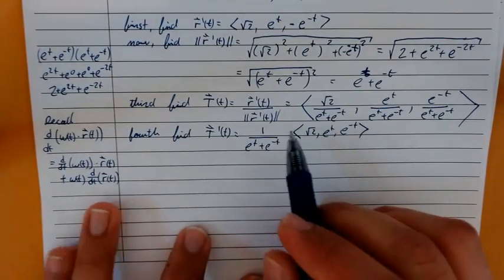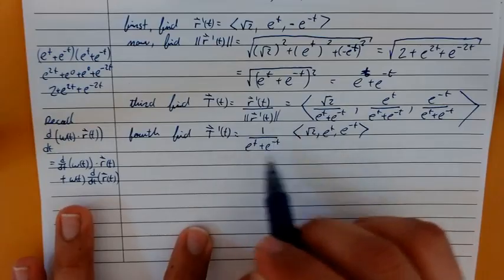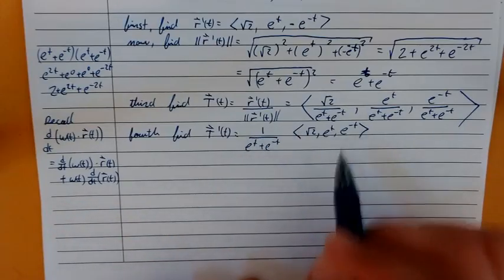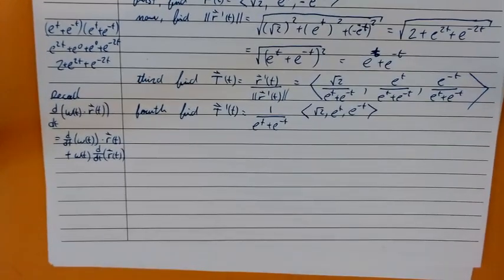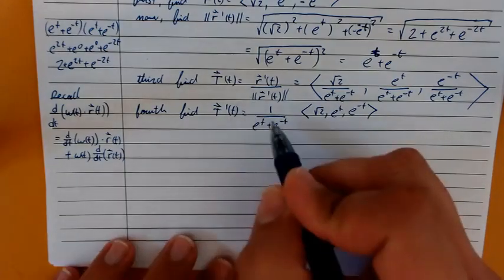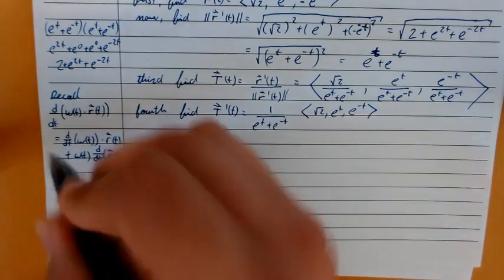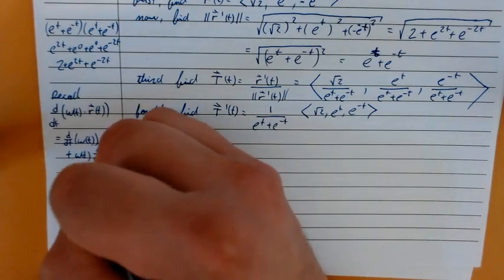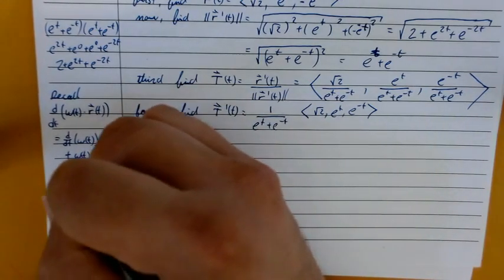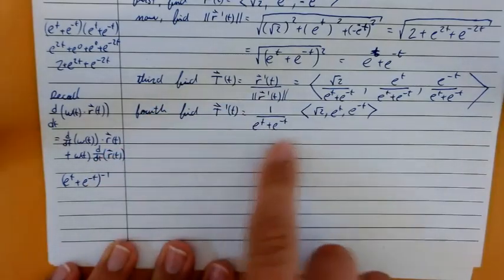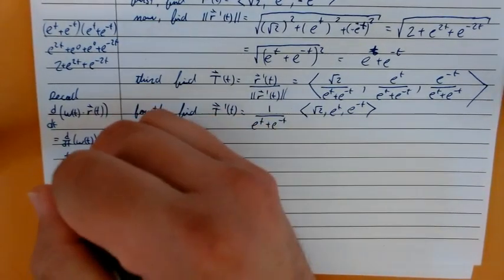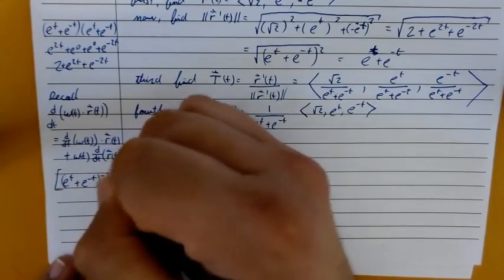So here, at least then, I still have to use the quotient rule, but at least I don't have to do it 3 times. All right, so let's give this a try. Let me take the derivative of this first part. Let me do that over here. I can write that as e to the t plus e to the minus t to the minus first, because it's in the denominator. And now I can take the derivative of that.